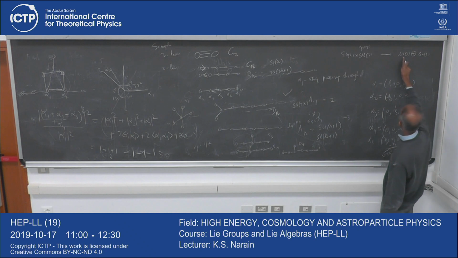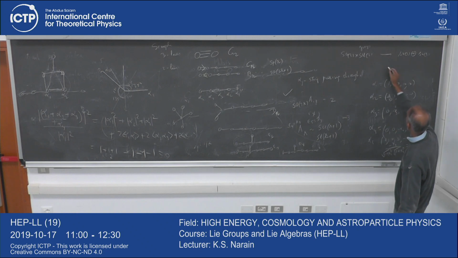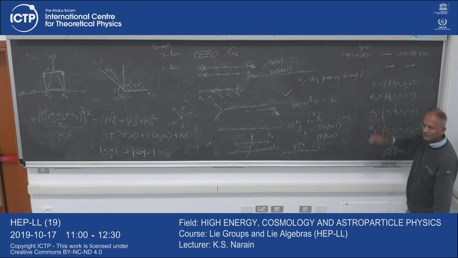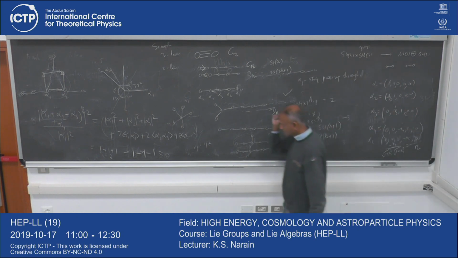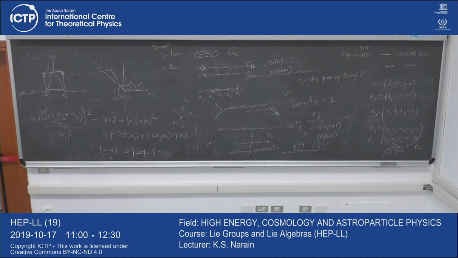In that case, the SU3 Dynkin diagram is the A series, A2, right? So there will be this here, and there is no connection between these 2. So direct sums are like that. When there are 2 disconnected pieces in a big Dynkin diagram, those are direct sums. Those are not simple algebras, just semi-simple.